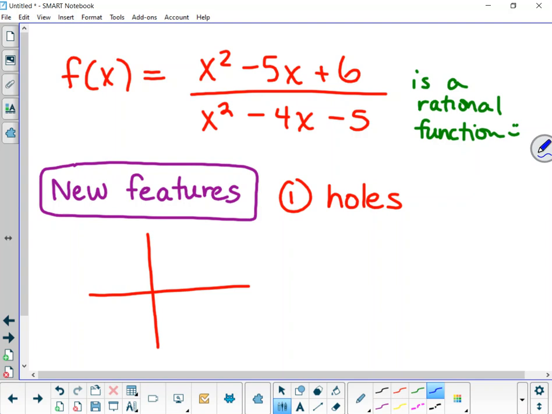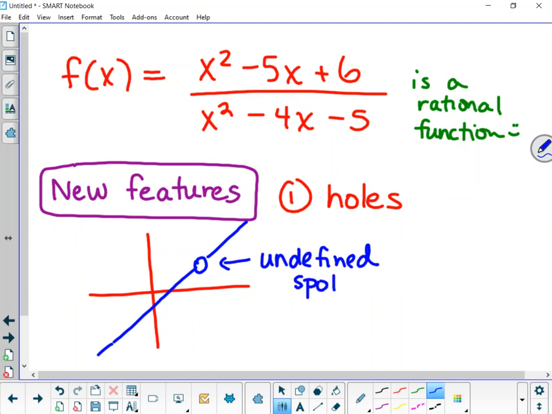It can look like a line, and then all of a sudden you have a spot where the function becomes undefined. We need to know where those are because we have to show them on the graph. They don't really show up when we graph them with technology.